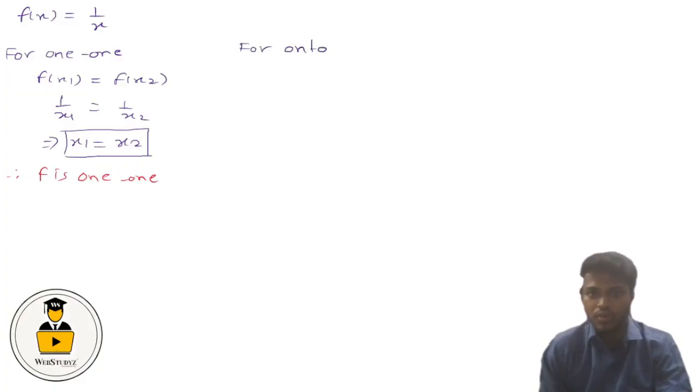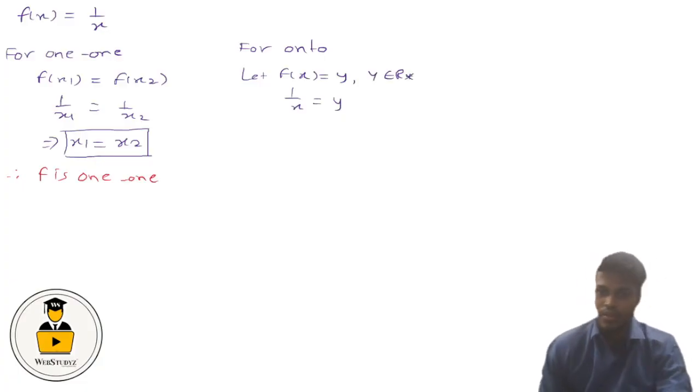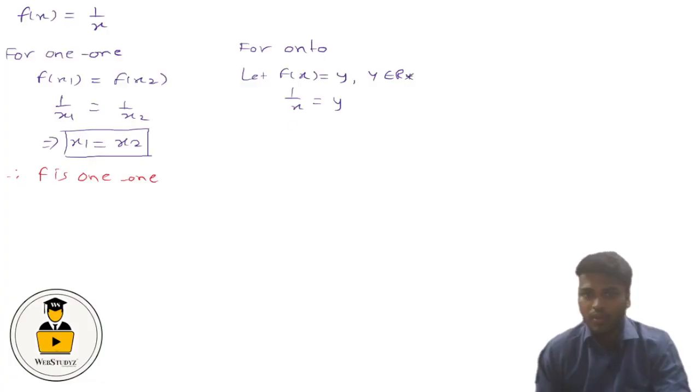Similarly, for onto, we will assume that let f of x equals y. That means 1 upon x equals y, where y belongs to R star. So from here, the value of x will be 1 upon y.